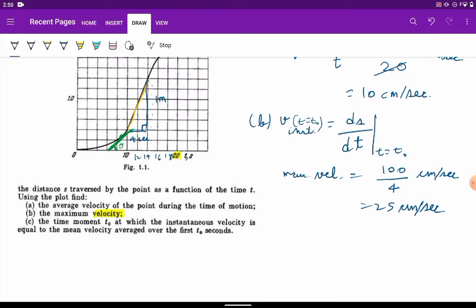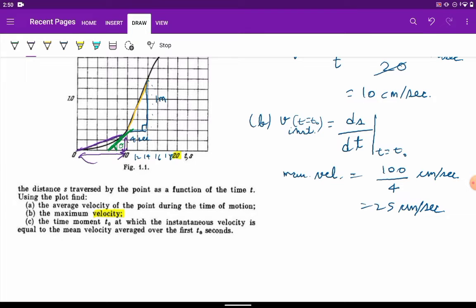Average velocity is very simple. It is, till that t naught, the total displacement by total time. The displacement is basically the y, divided by the time, which is this. So basically, it is the gradient of the line joining the origin and that point.